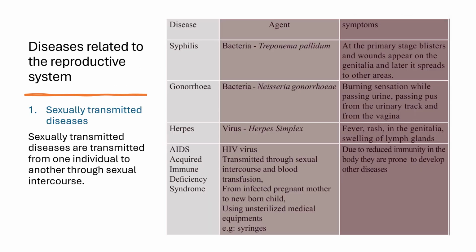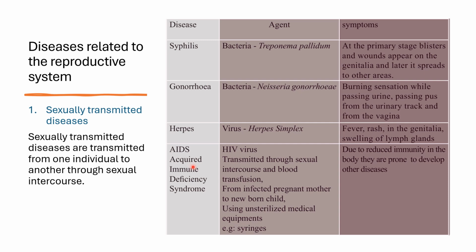We are going to talk about the diseases related to the reproductive system. So one of the most common diseases related to the reproductive system are the sexually transmitted diseases. These diseases are transmitted from one individual to another through sexual intercourse. So here we have a set of diseases: syphilis, gonorrhea, herpes, and AIDS.